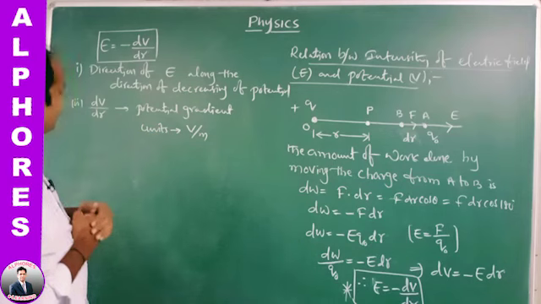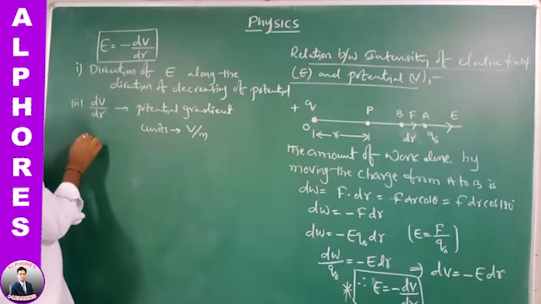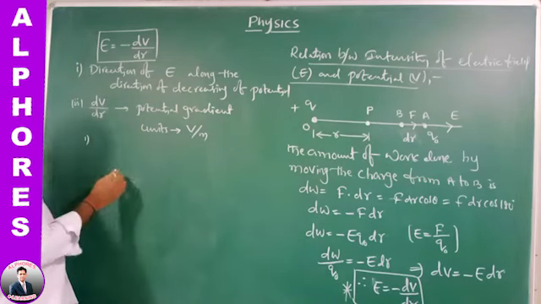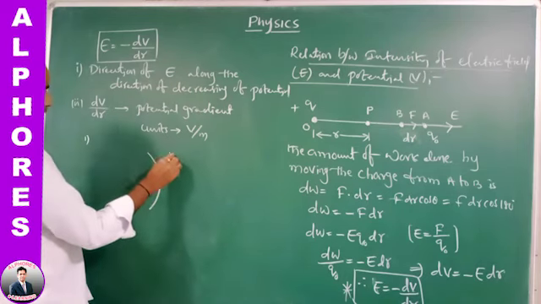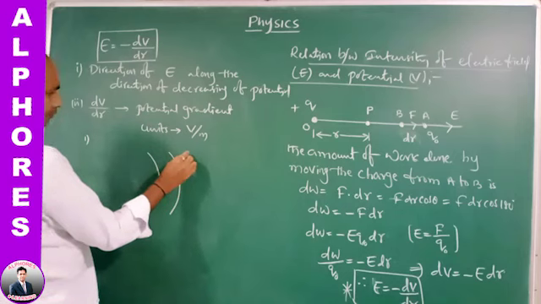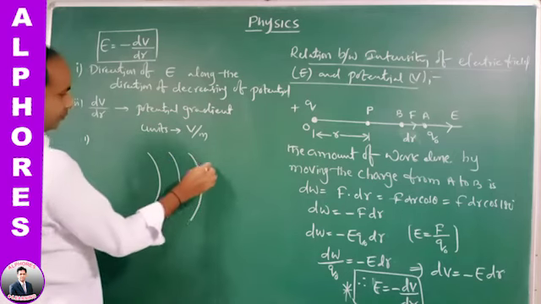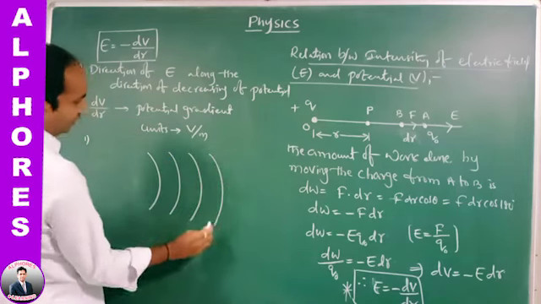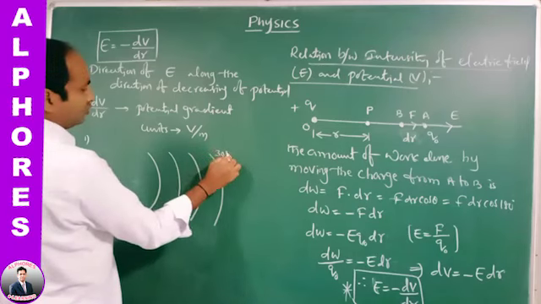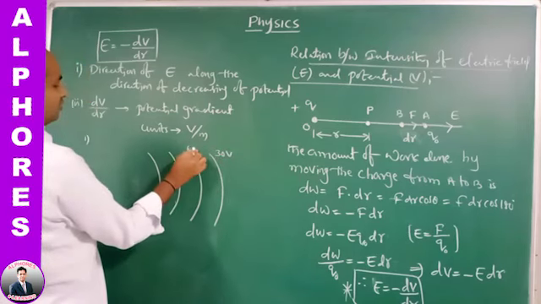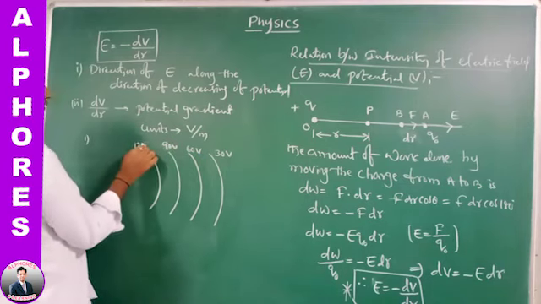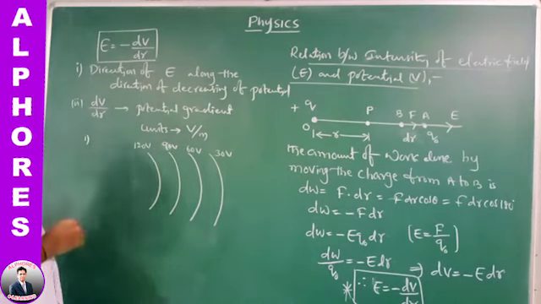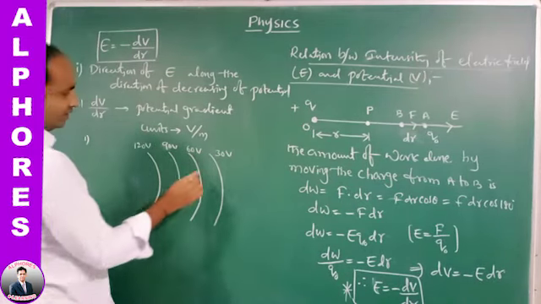For suppose, if a diagram is given like this, these are some equipotential surfaces. They are given as 30 volts, 60 volts, 90 volts and 120 volts. 4 equipotential surfaces are there.